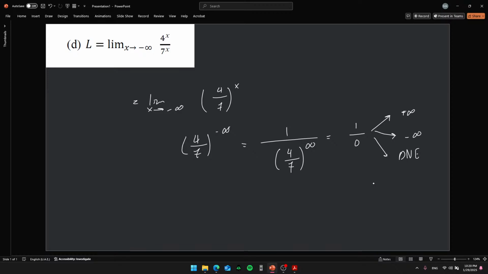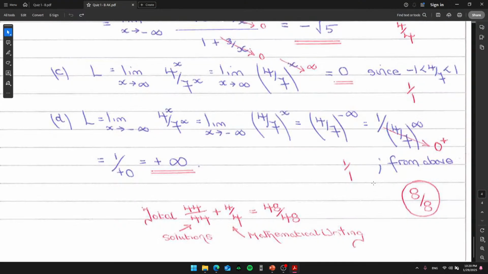He had a great idea of turning the negative exponent into a positive exponent, and then this value becomes 0 from the right.